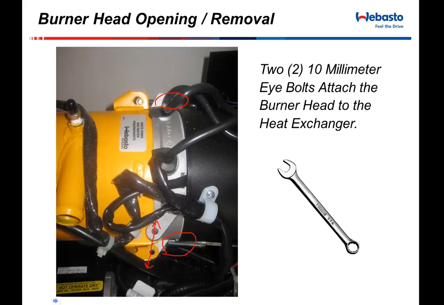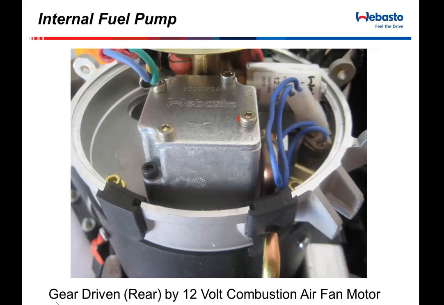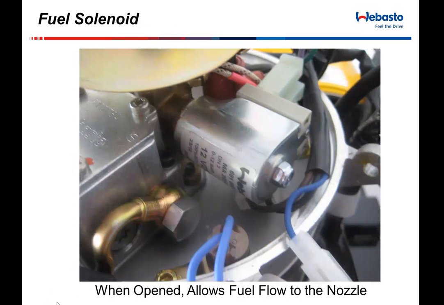Once you take the burner head off, you basically have 5 major components on the inside of this thing. Sitting on the bottom at about 6 o'clock is a fuel pump. Obviously its job is to make a vacuum and bring fuel up to the heater. That fuel is then passed along past a 12 volt fuel solenoid or fuel plunger.